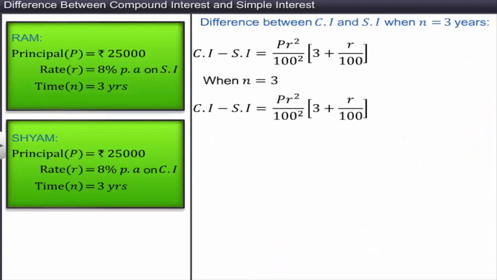Thus, the difference between compound and simple interest when the time period is 3 years is PR square upon 100 square multiplied by the sum of 3 and R upon 100.